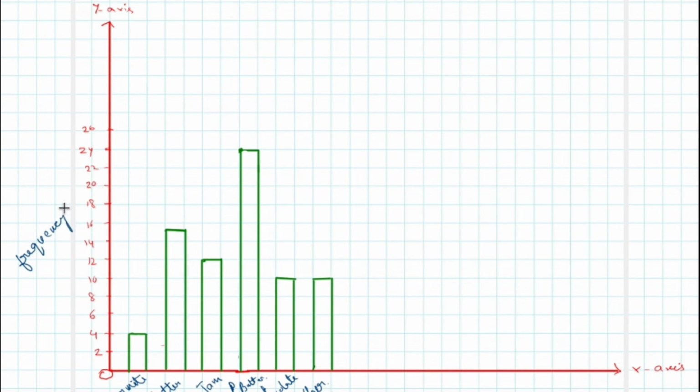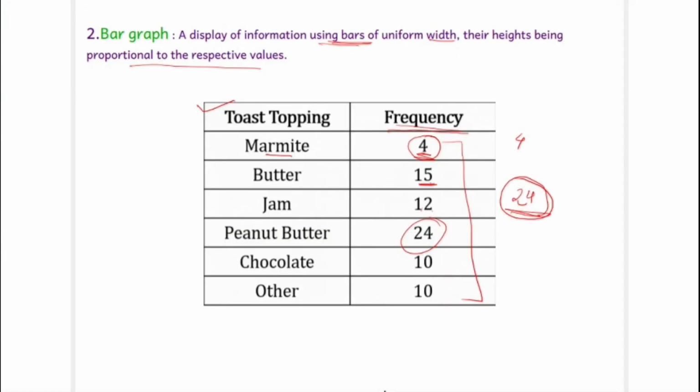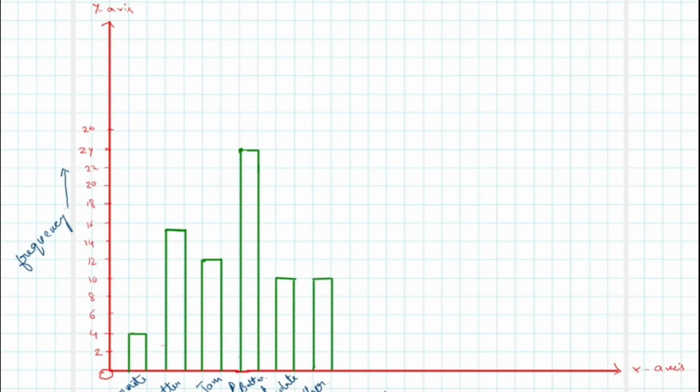We are representing frequency through the y-axis, and here we are representing toe stopping. So here we will write toe stopping along the x-axis, that we have to mention here.